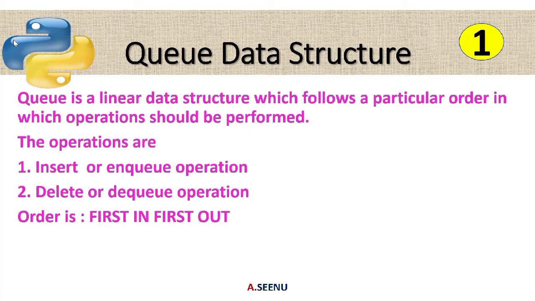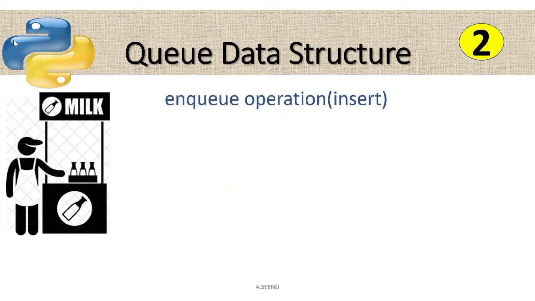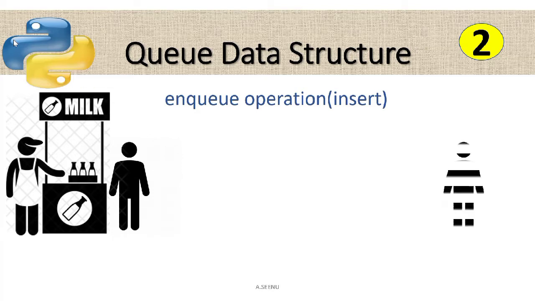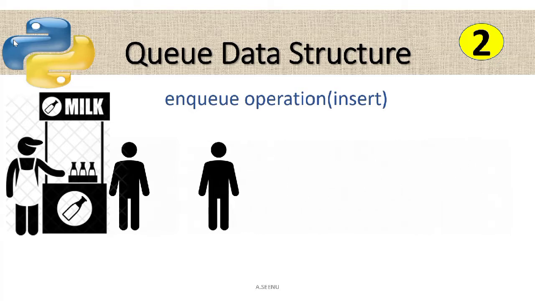Now I'll show you a small animation that will clearly explain how a queue functions. See here, there is a milk booth and a person standing with some milk bottles. This particular operation is called the enqueue operation, that is, inserting persons into the queue. The first person comes into the queue.